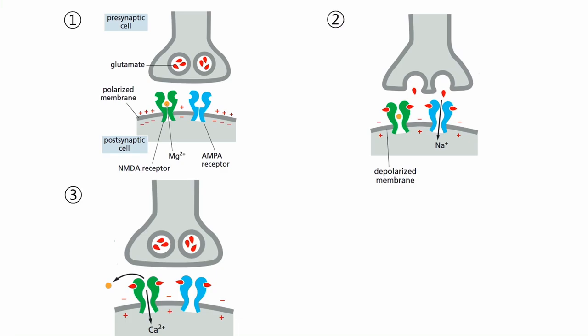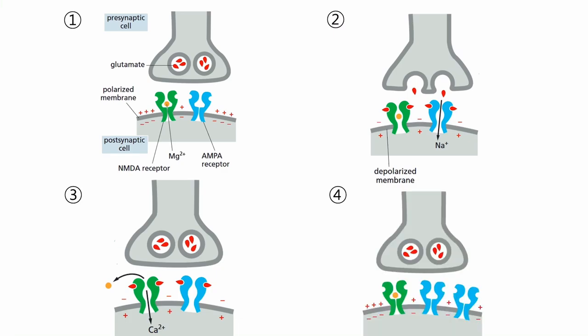So when all conditions are met, the magnesium block is removed from NMDA receptors, which allows calcium to enter the postsynaptic cell. Third, increased calcium in the cytosol initiates various signaling cascades, and one result is that the postsynaptic cell will insert new AMPA receptors in the plasma membrane, increasing the cell's sensitivity to glutamate.